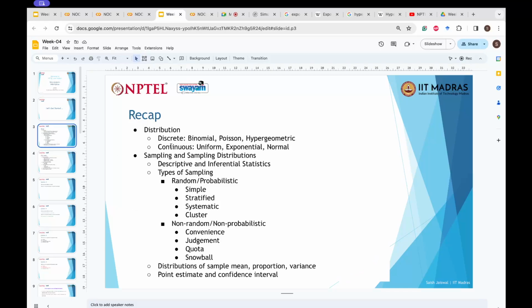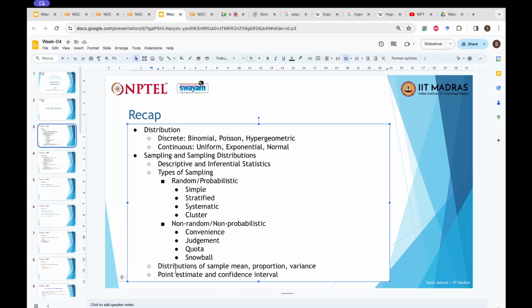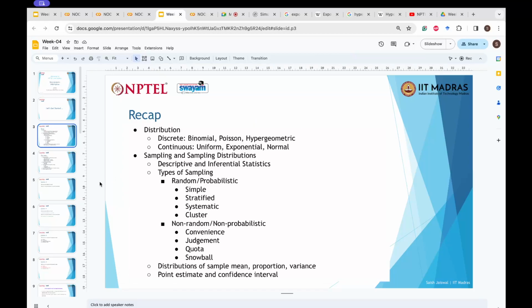Okay, let me see if we have covered everything. Yeah, first of all, point estimate and confidence interval. So what is a point estimate? Can anyone tell? I have a population, and a population need not be a physical entity in the sense of people only.